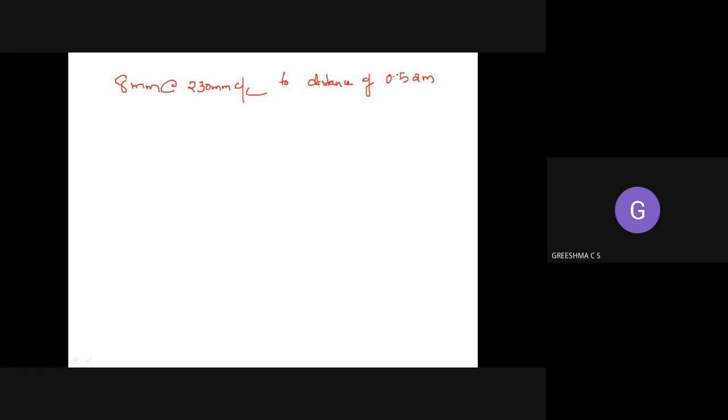Now remaining is the edge strip. For the edge strip you have to provide minimum Ast.